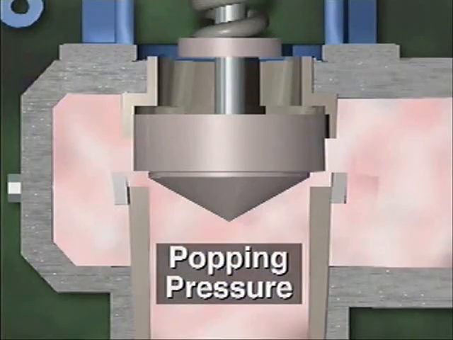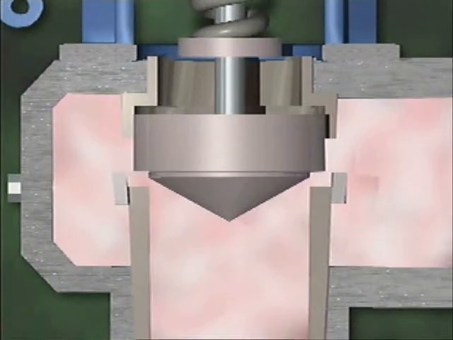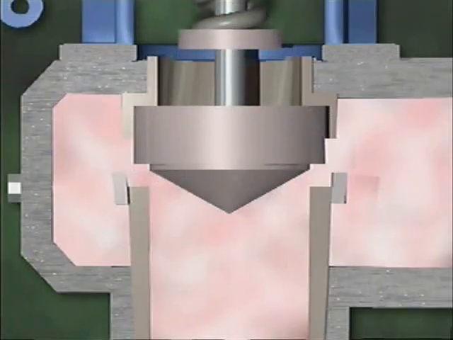When the valve's popping pressure is reached, the valve should open with a clean and sudden pop. If the pressure in the system continues to increase, the velocity of the escaping fluid will also increase, causing the disc to gradually lift higher until it reaches the fully open position.